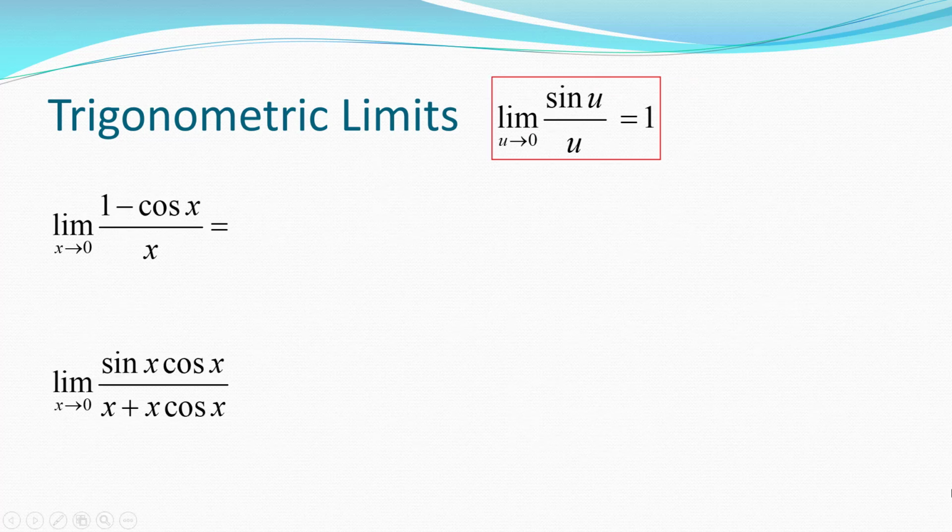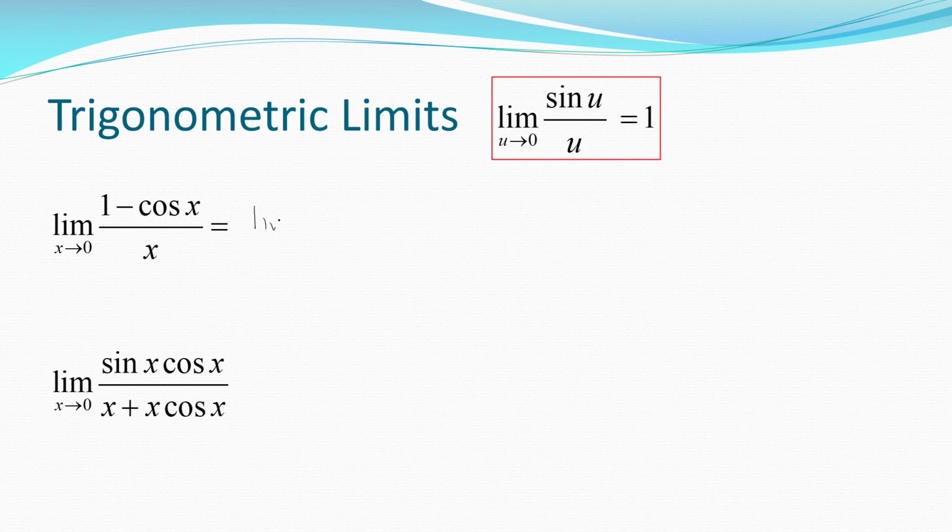Last two problems. This time, I want to know the limit of 1 minus the cosine of x over x. This is another one of those actually fairly important limits that we're going to need later on. Unfortunately, though, there's no sine in it at all. So I need to fix that. So, like I've done before, I'll complicate things. I'll kind of like unsimplify. So somehow I want to get a sine out of it.